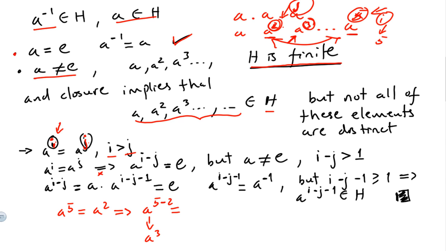So the next one, you see, it will be the identity, okay, because this is the one that gets to a point where it repeats itself. So the next one will be the identity. So a to the power of 5 minus 2 will be equal to a to the power of 3, and that will be the identity, right?